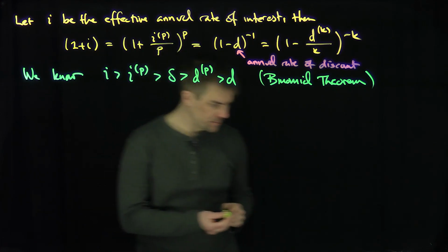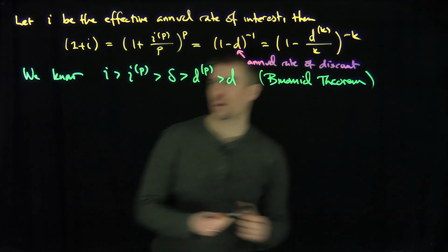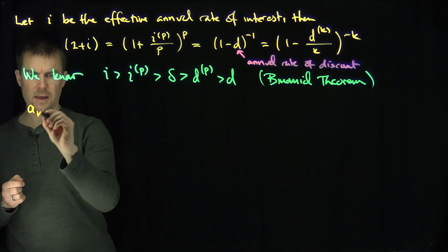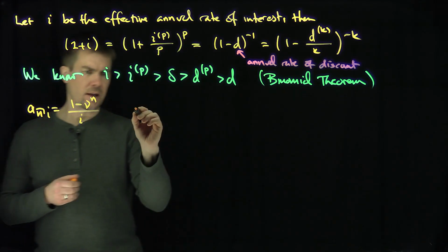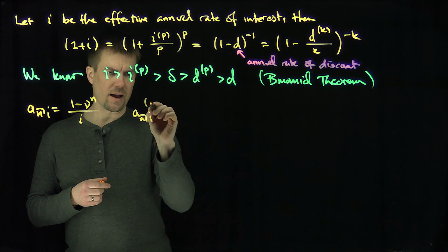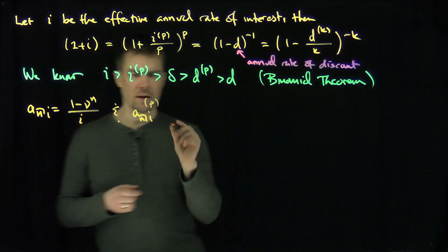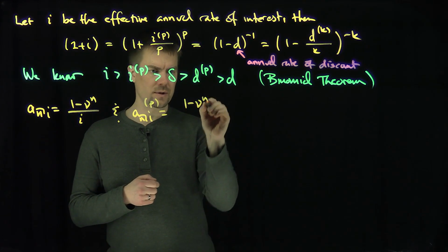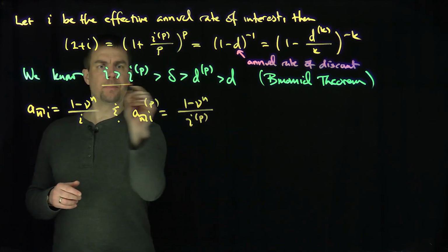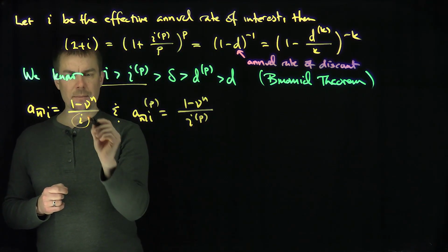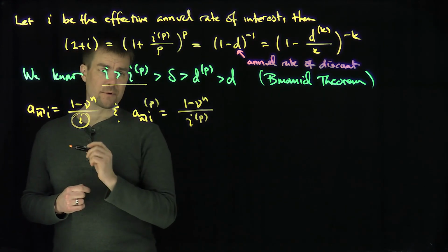And now we recall that a angle n at i is (1 minus v^n) over i, and a angle n at i^(p) is (1 minus v^n) over i^(p). Now since i is bigger than i^(p), this denominator over here is bigger than this denominator over here.